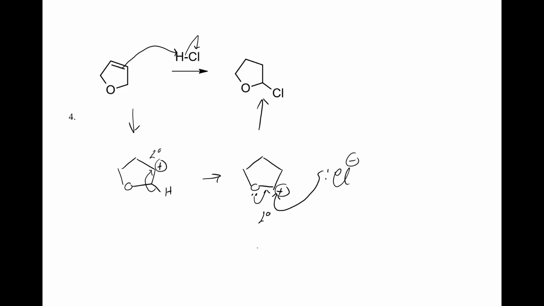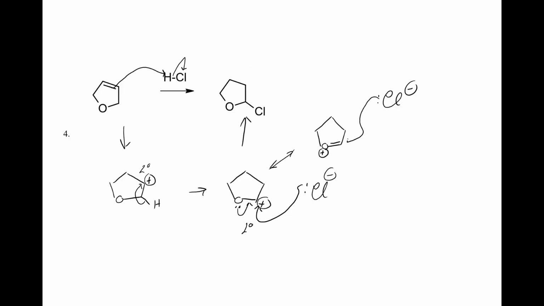And in fact, your book recommends that you draw this resonance form, which is actually the more stable resonance form, and this is therefore showing that it's stabilizing the carbocation, and that in fact the chloride will attack this more stable resonance form, resulting in our product.